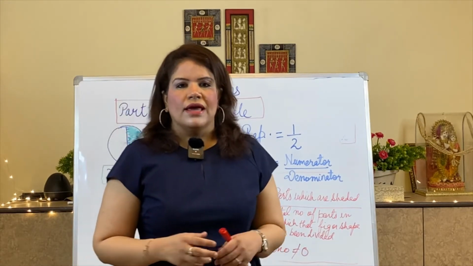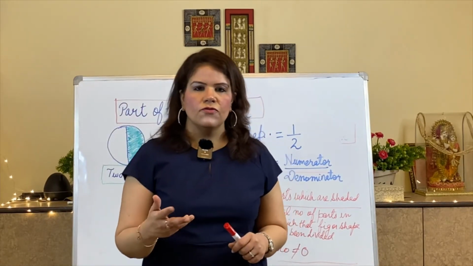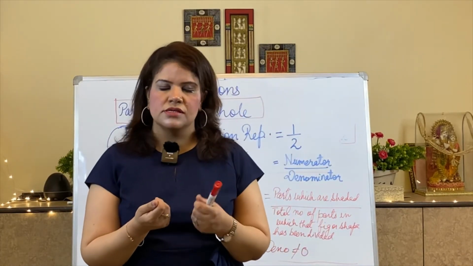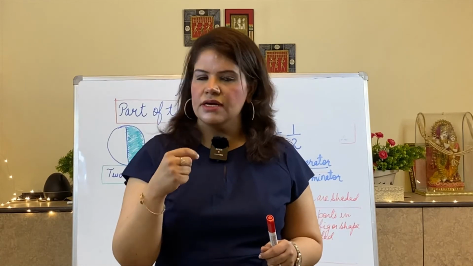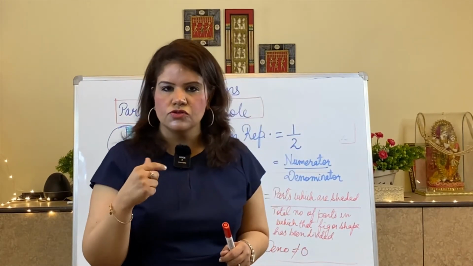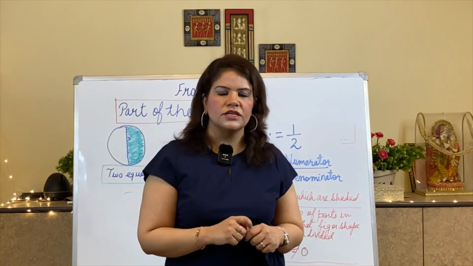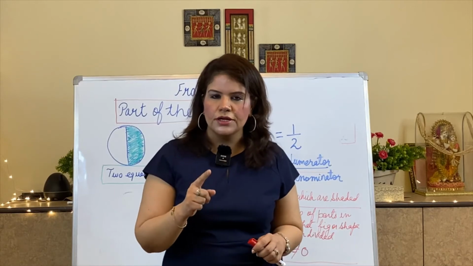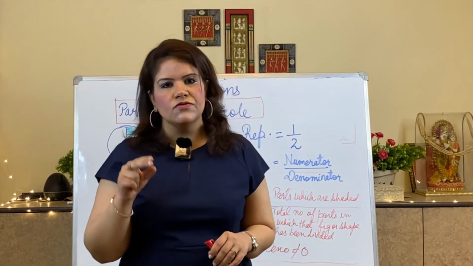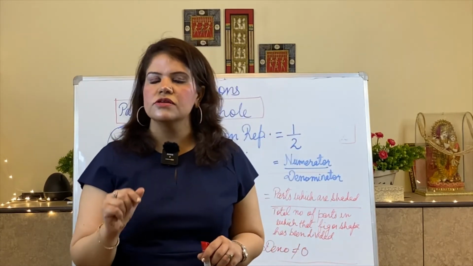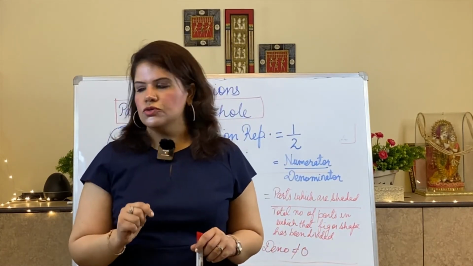Next example: if you are taking a biscuit and dividing it into two parts, and you eat one, then out of those two parts, one you have eaten. So what will be the fractional representation? The one which you have eaten was 1, so that will come in the numerator. The total number of parts in which it was divided will be in the denominator. So your answer will be 1 by 2.